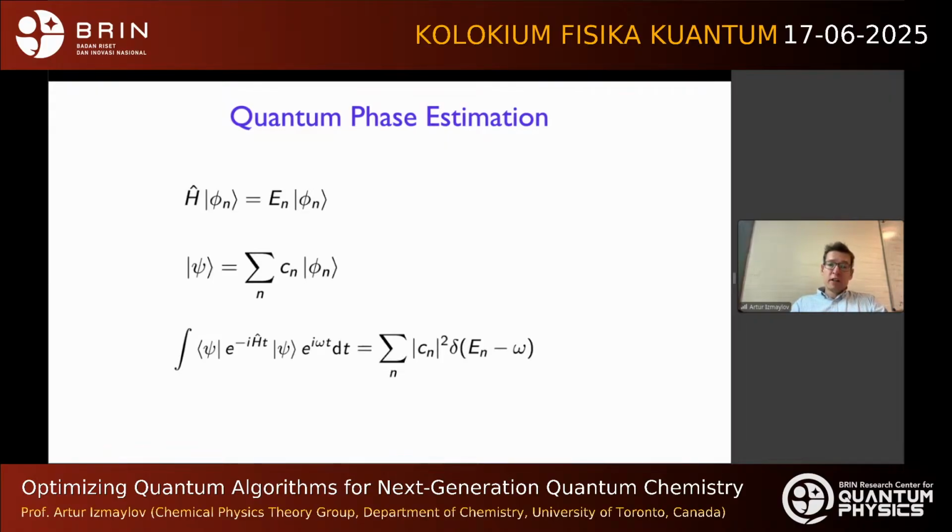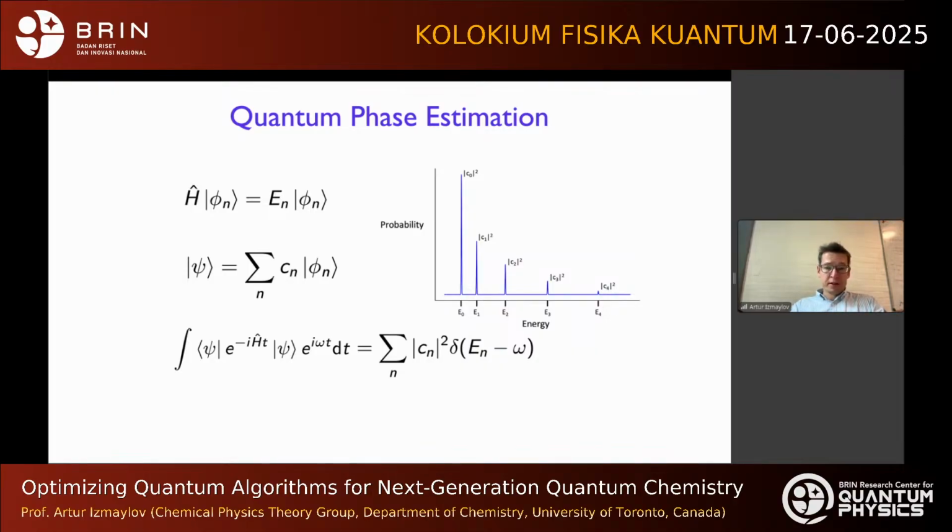So in reality, the simple picture of what quantum phase estimation is, is the following few steps. Imagine we have an eigenvalue problem, where the phi n's are eigenstates, and we can construct the initial state psi that is always going to be a linear combination of eigenstates of our problem, because the Hamiltonian has a complete set of eigenstates, right?